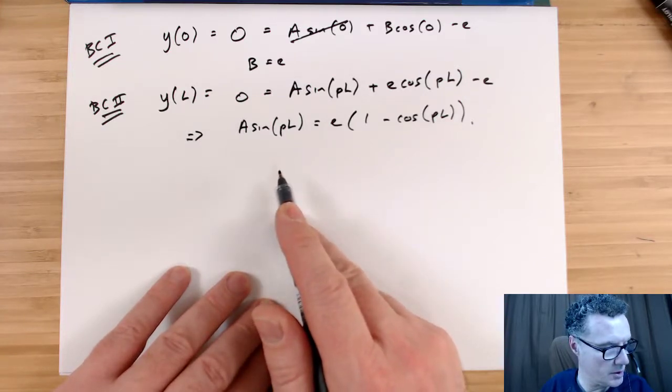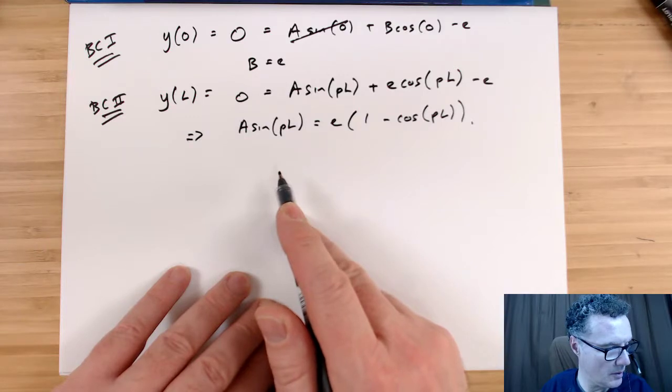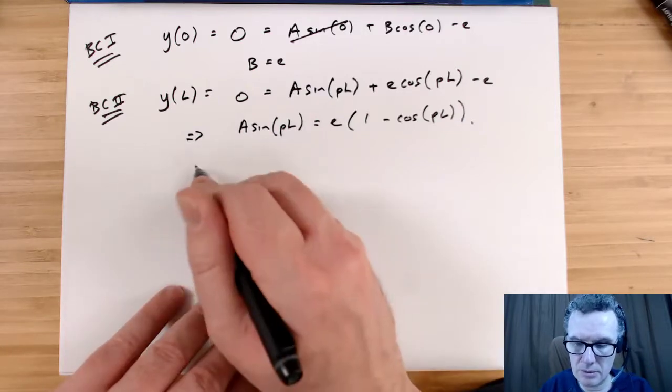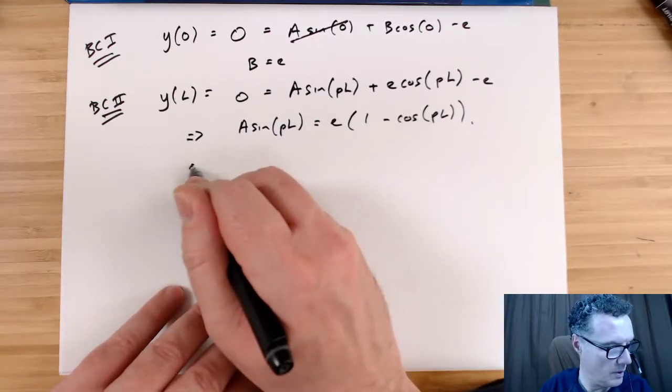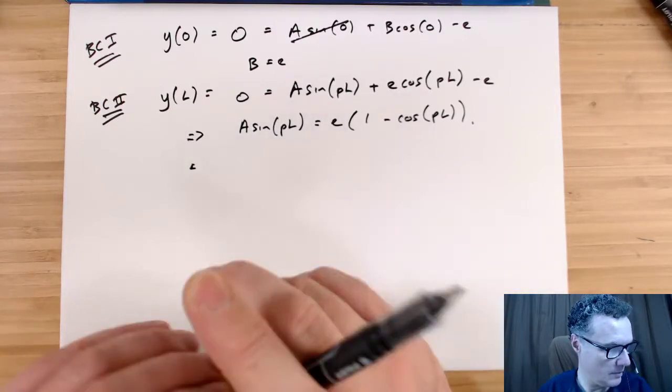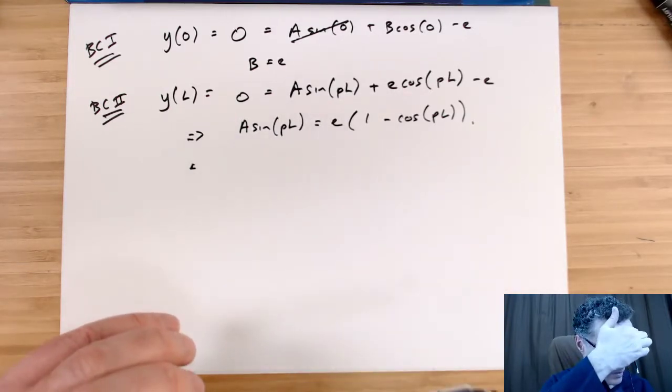What am I going to do next? Get rid of sine PL, and I'm going to use, no, I'm not going to do that.